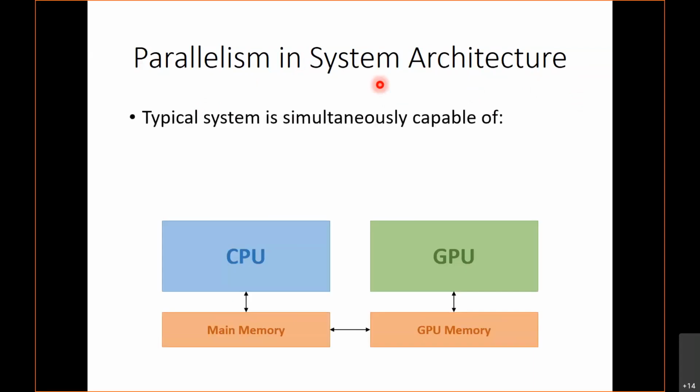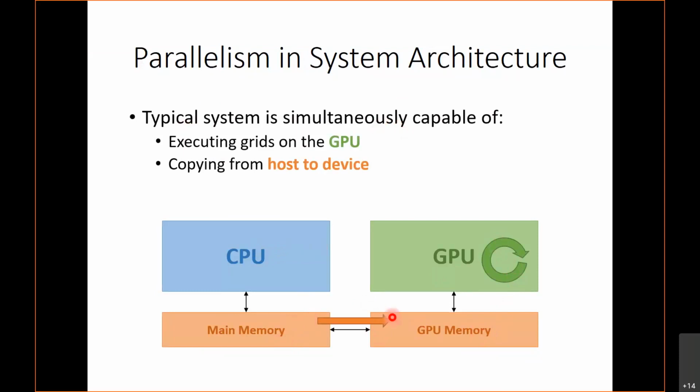So when we have a typical system, we have a CPU and a GPU. The CPU has main memory, the GPU has GPU memory, right? And usually what we do is we copy over, we compute on the GPU, and then we copy back. But the system is actually capable of simultaneously executing a grid on the GPU, copying from the host to the device, and copying from the device to the host.